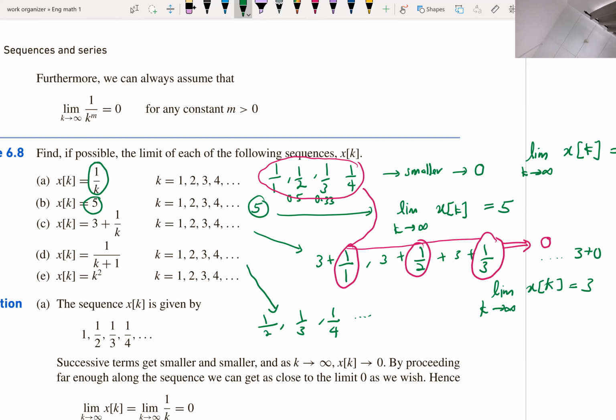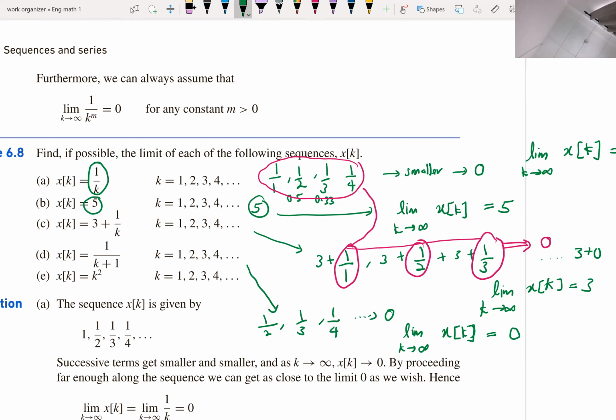We know this fraction will tend to 0. So again the limit of s of k as k tends to infinity will be 0.